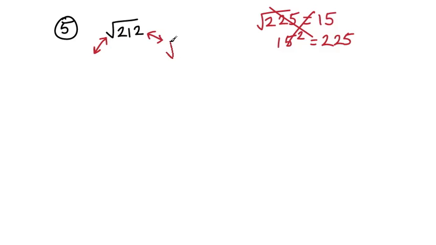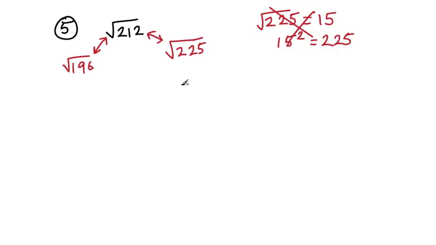The closest perfect square above is actually this 225. Okay, so that's the closest perfect square above 212. And the closest perfect square below 212 would be 196. And again, I didn't just make up that number. It's a memorized number, and this is how we get it.